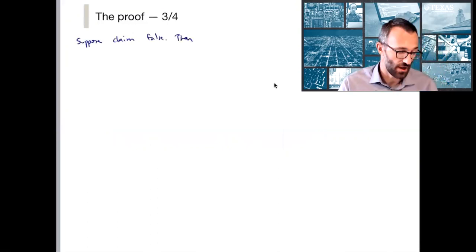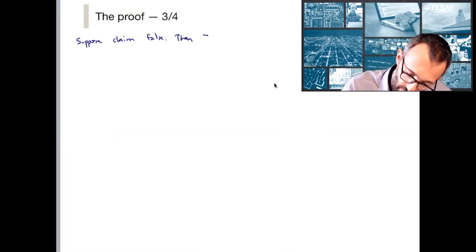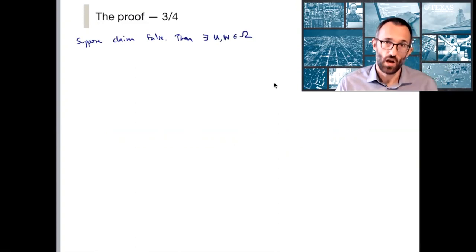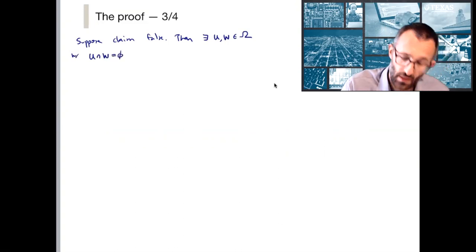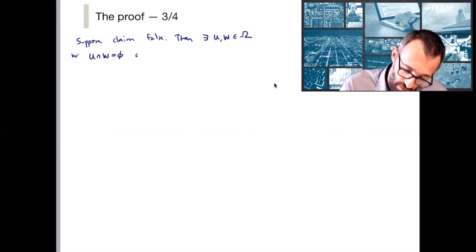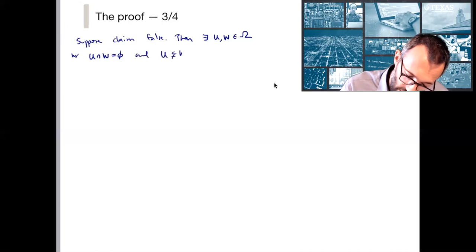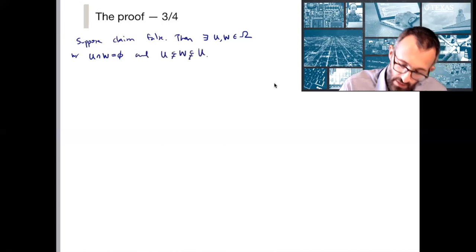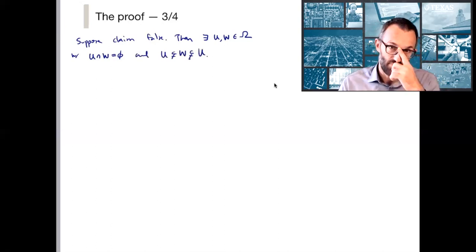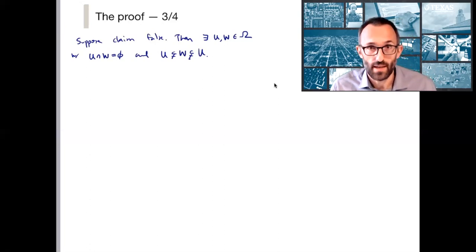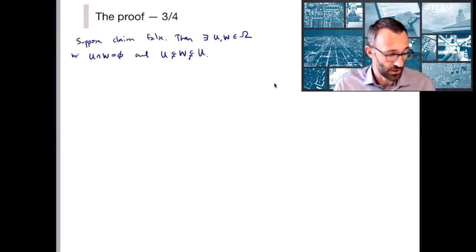Then I can find two subsets, U and W, that are part of omega, that have non-zero intersection, and also neither one is contained in the other. So U is not contained in W, and W is not contained in U. Okay, so now let's see why this has to be false, and then we'll see that we're actually quite close to proving the main theorem.